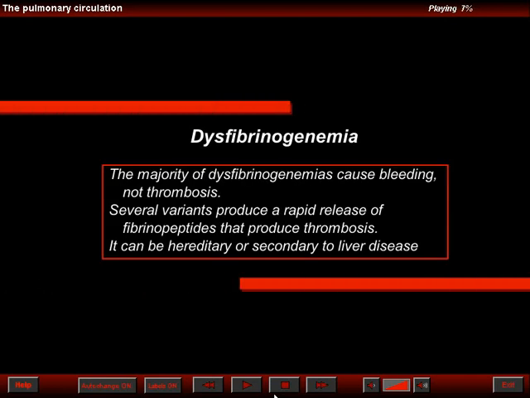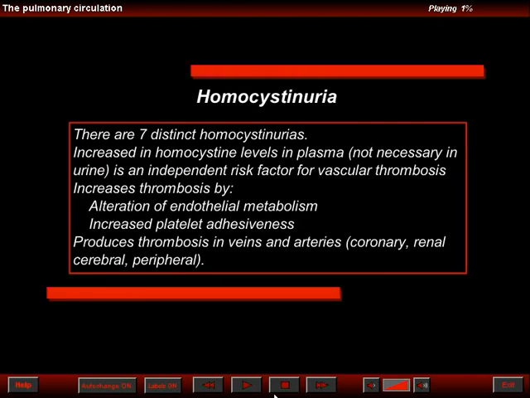Dysfibrinogenemia. The majority of these dysfibrinogenemias cause bleeding and not thrombosis. Several variants produce a rapid release of fibrinopeptides that produce thrombosis. It can be hereditary or secondary to liver disease. Homocystinuria.